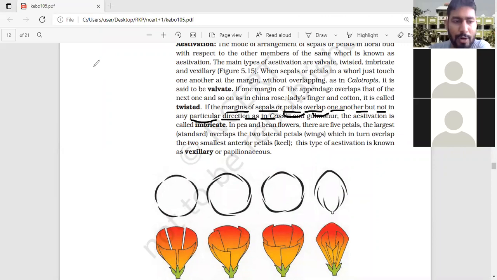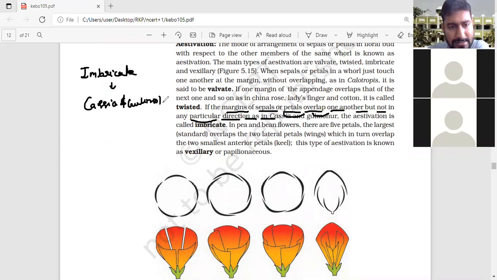So the example of imbricate estivation is cassia and gulmohar. Clear? Is it okay?